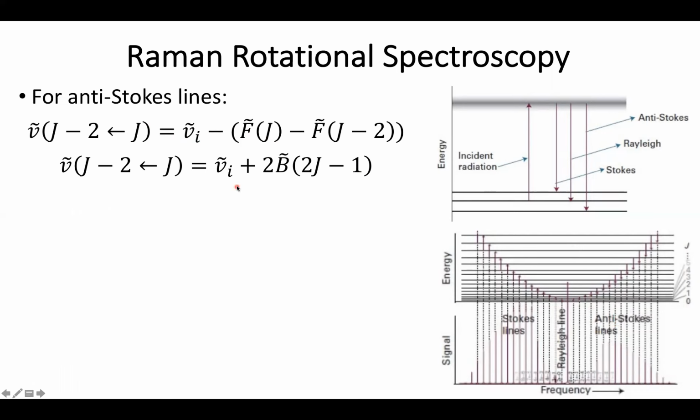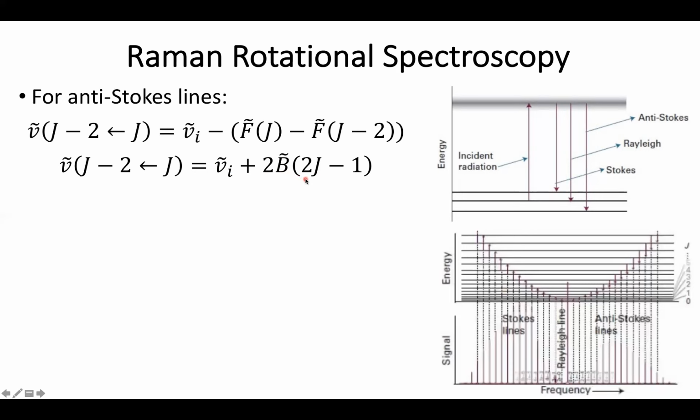So what I end up having is that my Raman peak should occur centered again on my initial incident wave number, plus essentially at a higher frequency of twice our rotational constant times 2J minus 1. So these will be a little bit closer to the Rayleigh line than the Stokes peaks.